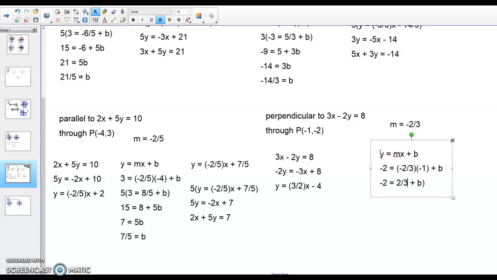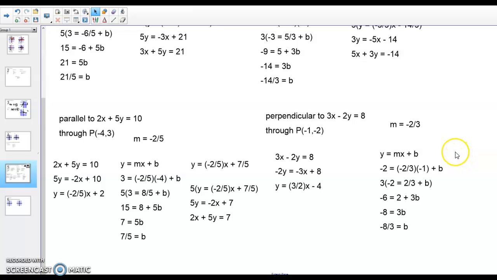Now I'm going to multiply everything by 3 to get rid of the fraction. And we get negative 6 equals 2 plus 3b. We subtract the 2, we get negative 8 equals 3b. And my y-intercept is negative 8/3 equals b.